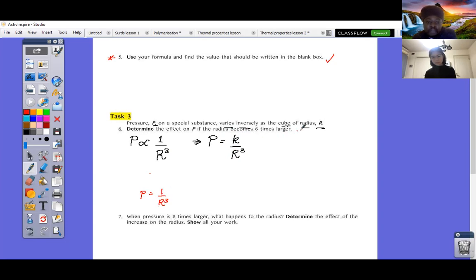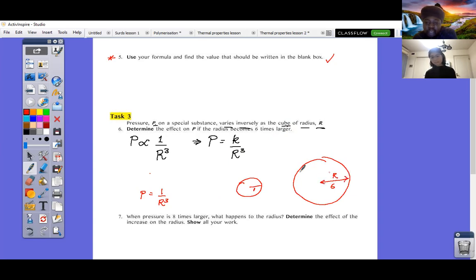It says if the radius becomes 6 times larger, so let's imagine that our starting radius is 1 centimeter, just 1. And we make it 6 times bigger. Now that's 6.